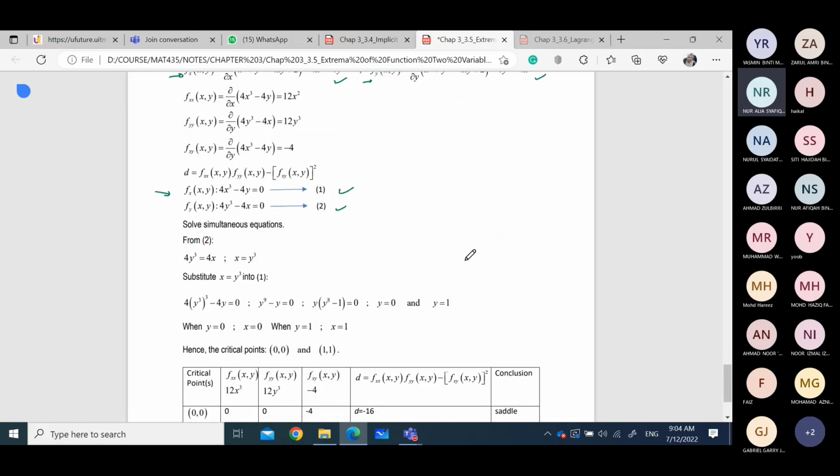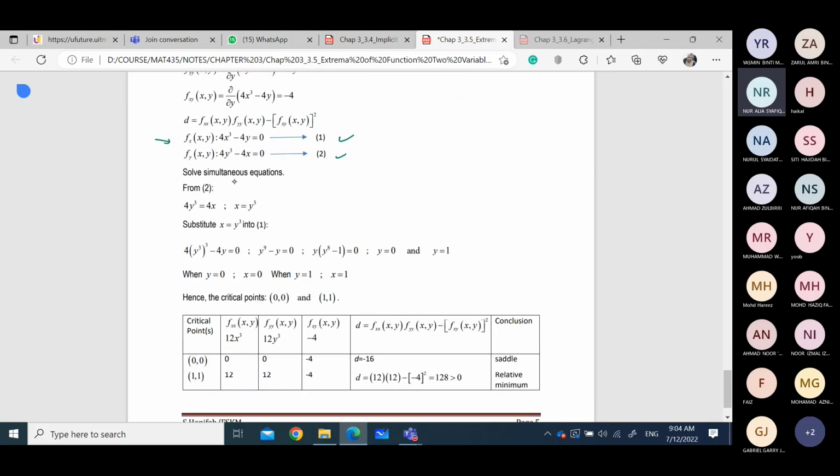So from the second equation, we have 4y cubed equal to 4x. So x is y to the power of 3. So this is our value of x. And then we substitute x equals y to the power of 3 into the first equation, and then we have the values for y: y is 0 and y equals 1.